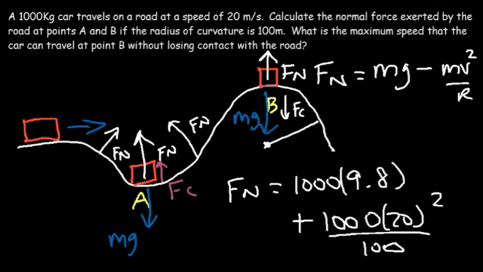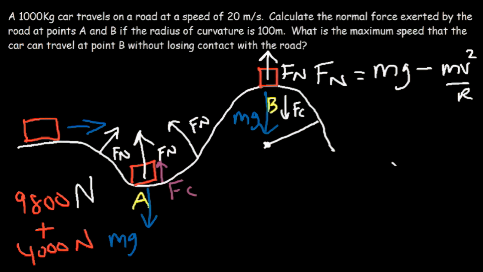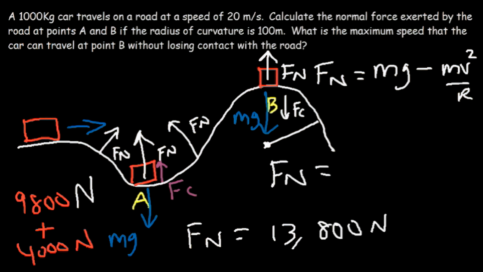So the weight force is 9,800, and the centripetal force is going to be 20 squared, which is 400, times 1,000 divided by 100, which is 4,000. So the normal force at point A is the sum of 9,800 and 4,000. So that's going to be equal to 13,800 newtons.